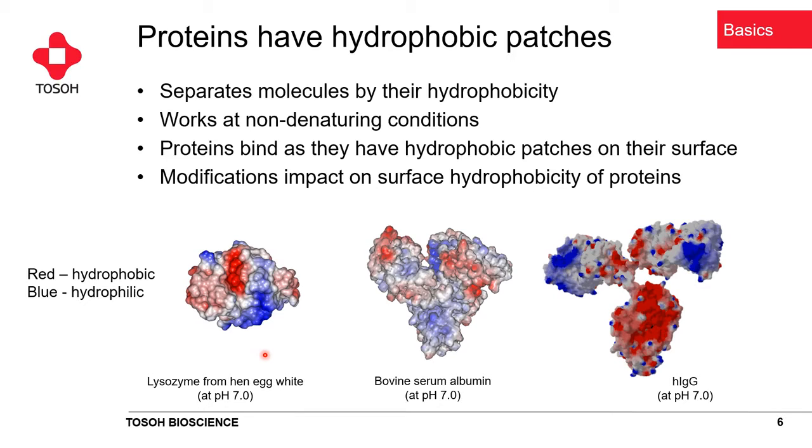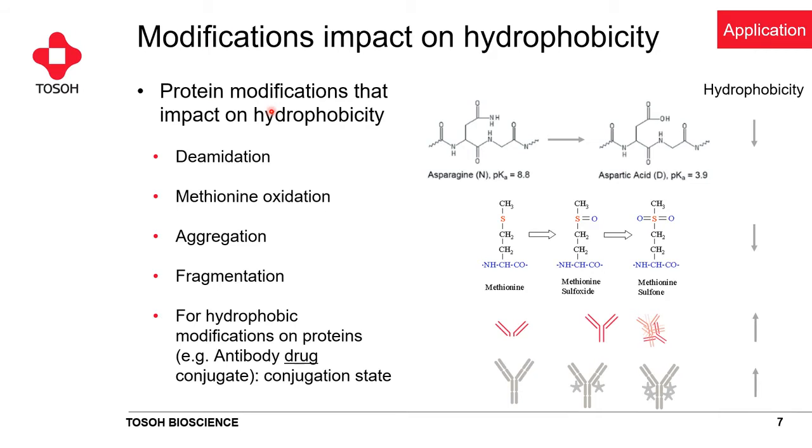And these hydrophobic parts, or hydrophobic patches as we call them, interact with the stationary phase and are responsible for retention. Furthermore, there are many modifications we can find on proteins and their amino acid side chains that have an impact on the hydrophobicity and how our molecules elute from the column.